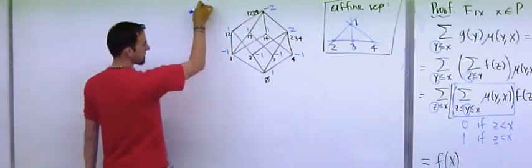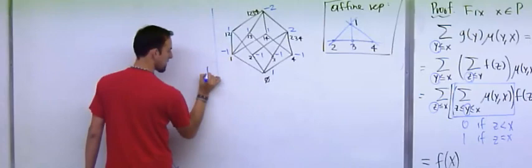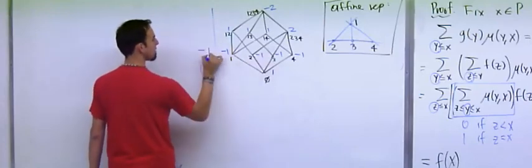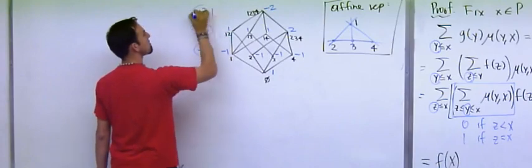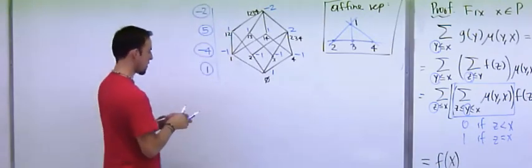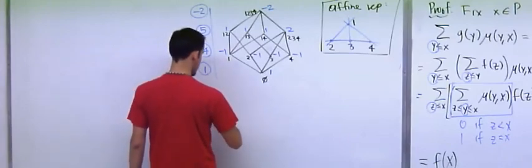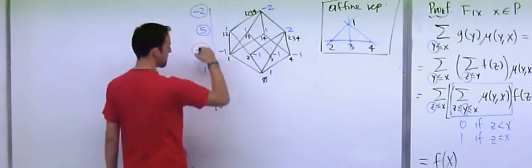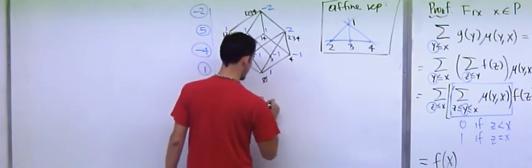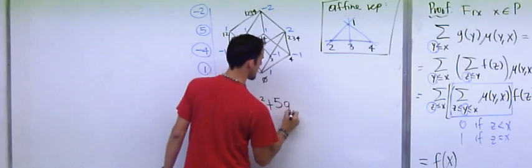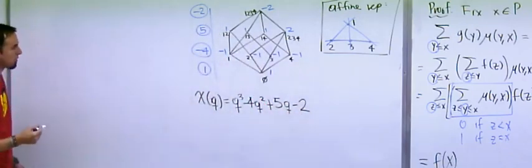And we said that if you just add up by rows, here you get a 1, here you get a minus 4, here you get a 5, here you get a minus 2, and you build a polynomial out of these, which is the characteristic polynomial. These are the coefficients. You get q cubed minus 4q squared plus 5q minus 2.